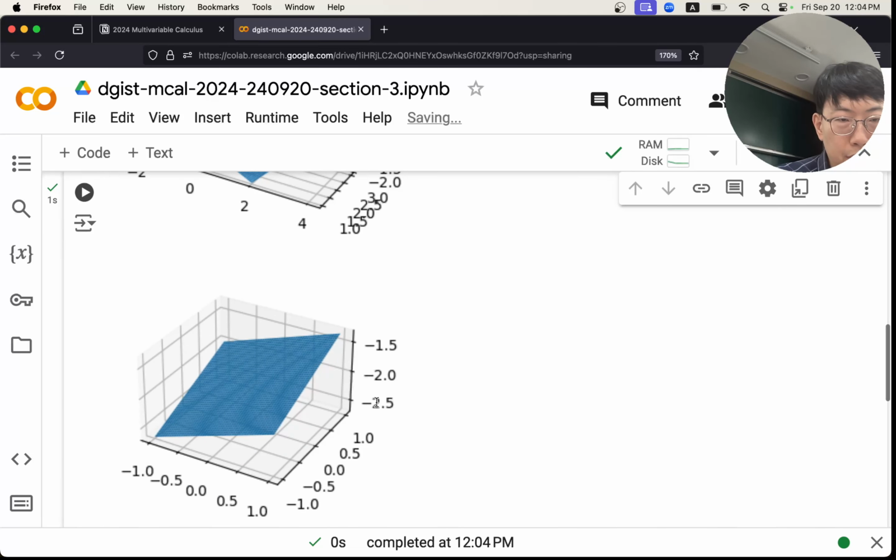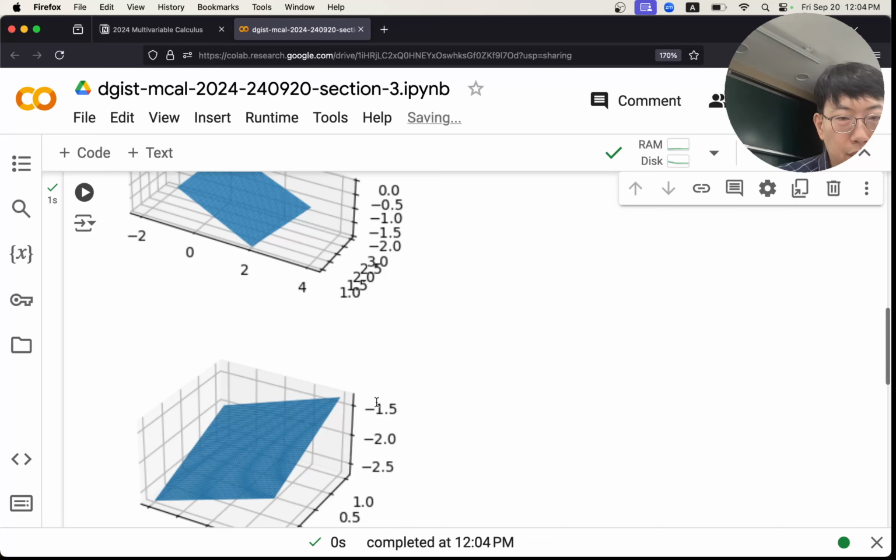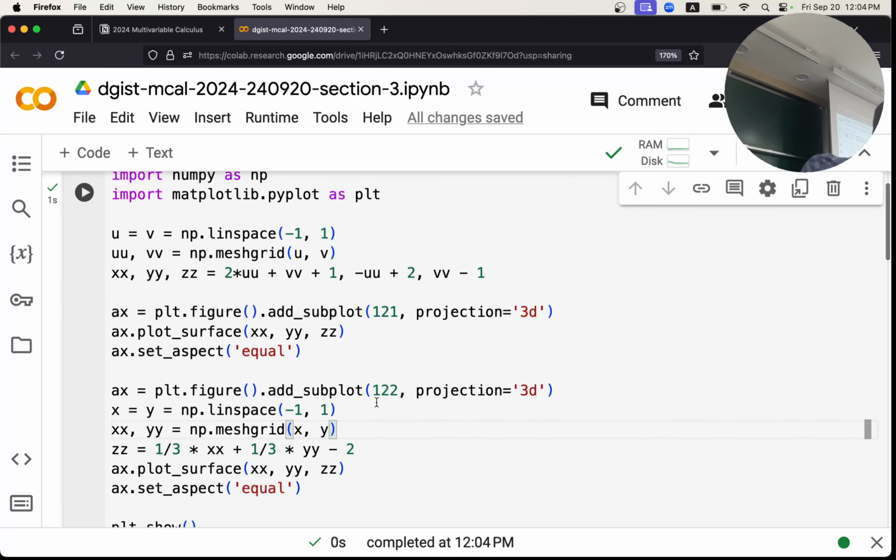Is it the same plane? Yeah, it should be the same plane, if I didn't confuse the computation. So it's the same plane, but you're looking at a different perspective. The first one is you parameterize u and v.